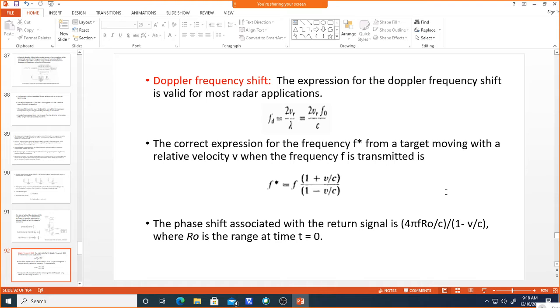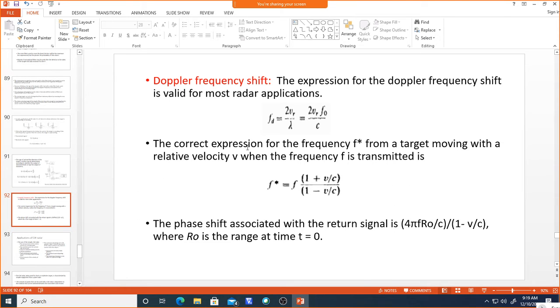The range of the target, whether increasing or decreasing based on the target movement, is going to change. Initially at time t equal to 0 we define it as r naught. Based on this r naught plus some constant value, say k, that k will be either minus or plus based on whether the target is approaching the radar receiver or going away from the receiver.